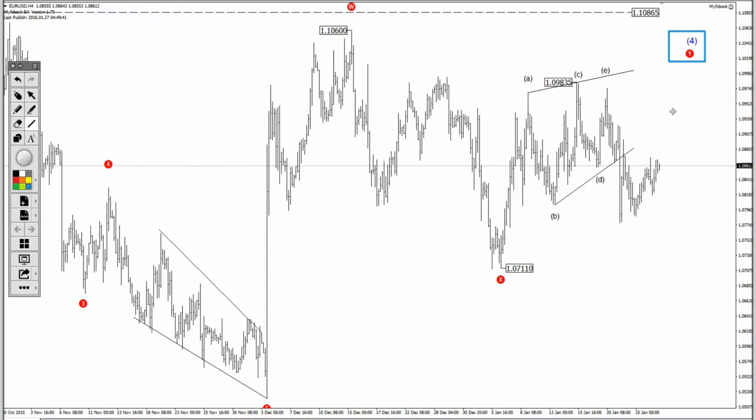I had marked it completed in the previous peak 109.75 or thereabouts, which would have been a nice ending to this complex correction with the triangle. But now the decline is very overlapping, like we checked out yesterday.